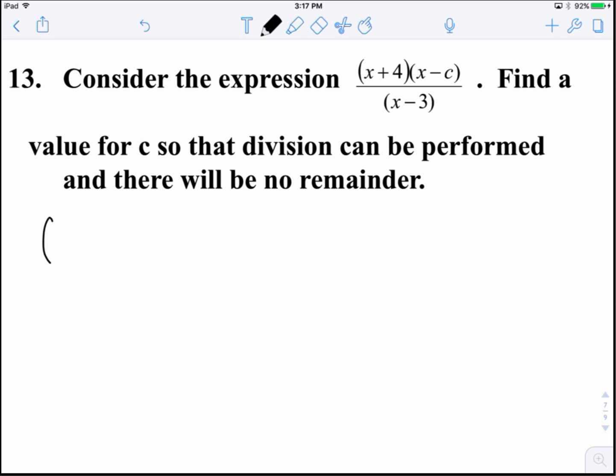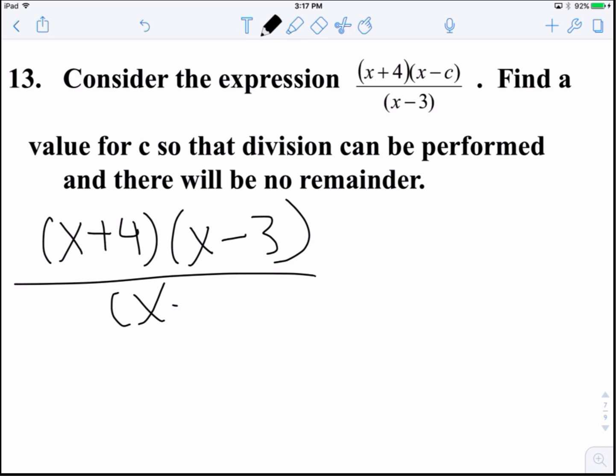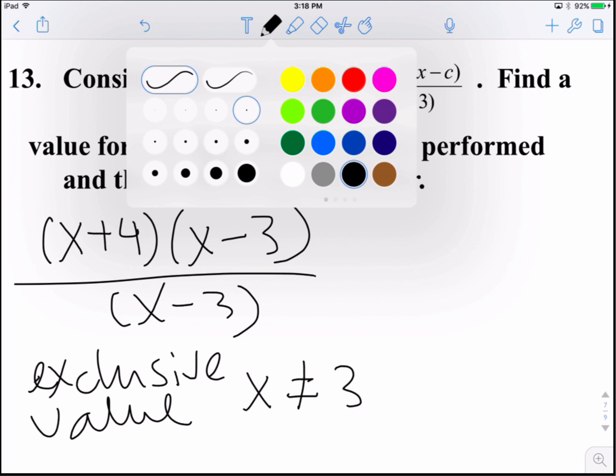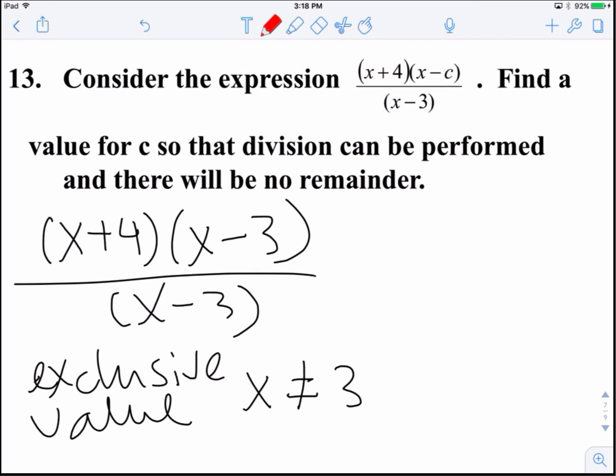So then the only one we can have is (x plus 4)(x minus 3) over x minus 3, and we need to say that our excluded value is that x cannot be 3, because if x is 3, then we're dividing by 0, which is undefined. Then we have x minus 3 in the numerator and x minus 3 in the denominator. This can be cancelled out, so our answer must be x plus 4.